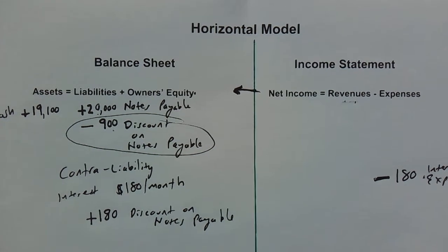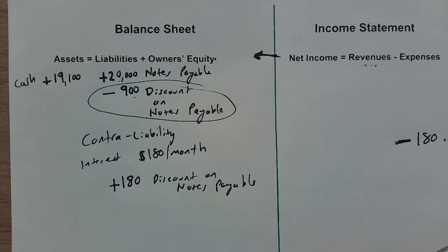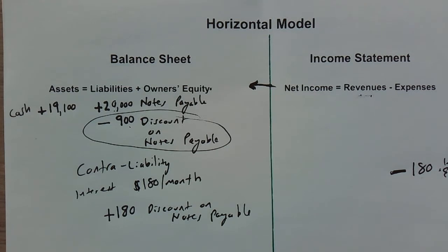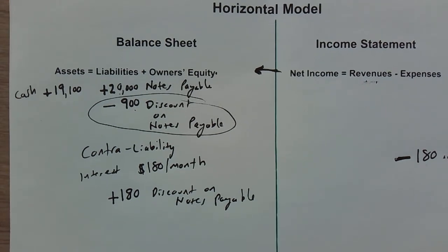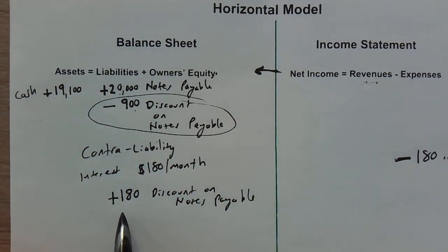And the last thing I want to show in this would be, what do we do when we pay off the note at the end? Well, hopefully we've accounted for the interest all the way along until we have a total of $900 interest expense.